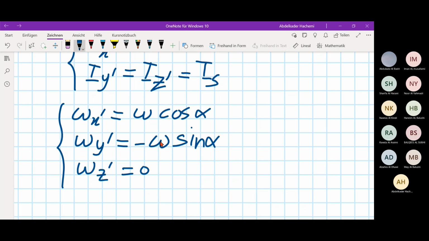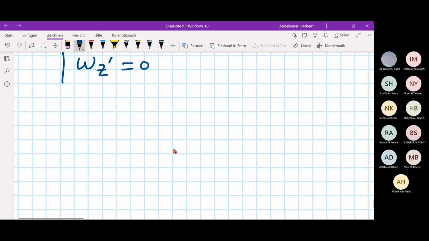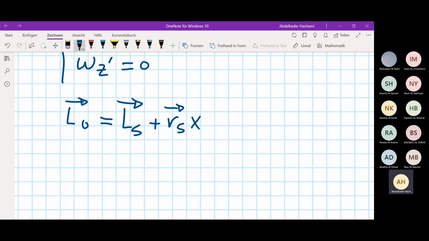product, and we will get now here LO, as I said, it's only LS plus S cross MVS.